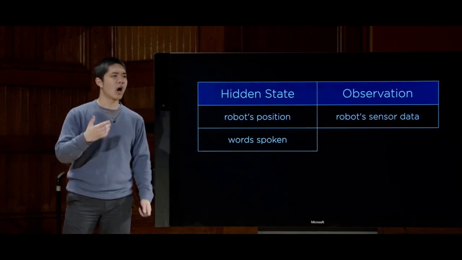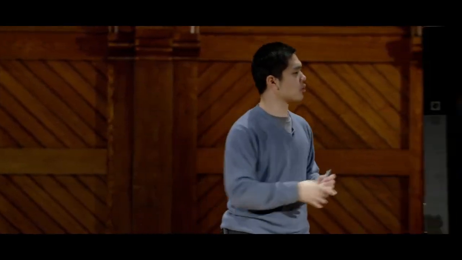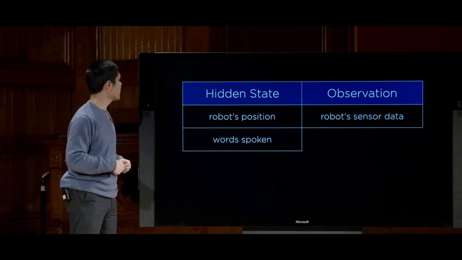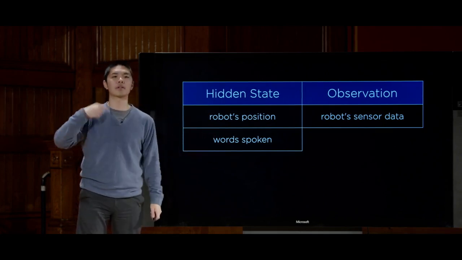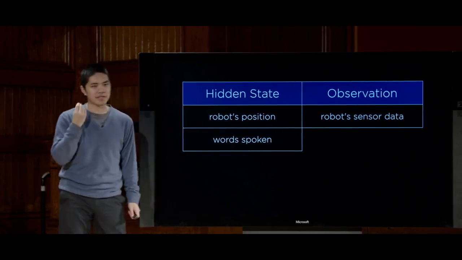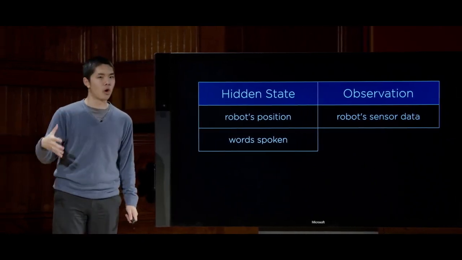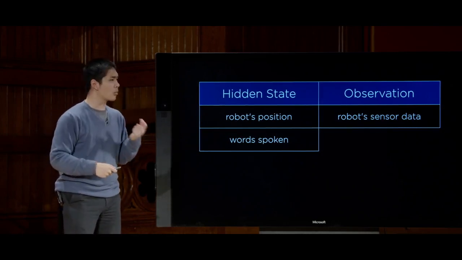Likewise, think about a speech recognition program that listens to you and is able to respond to you, something like Alexa or what Apple and Google are doing with their voice recognition as well. You might imagine that the hidden state, the underlying state, is what words are actually spoken. The true nature of the world contains you saying a particular sequence of words, but your phone or your smart home device doesn't know for sure exactly what words you said.